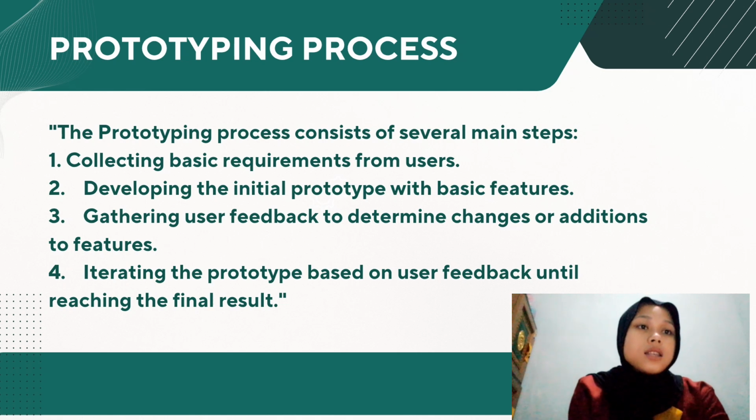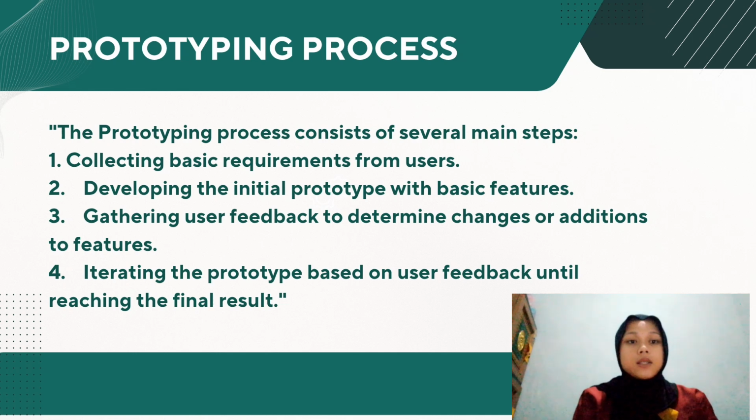Now, let's understand the prototyping process step by step. The prototyping process consists of several main steps. 1. Collecting basic requirements from users. 2. Developing the initial prototype with basic features. 3.